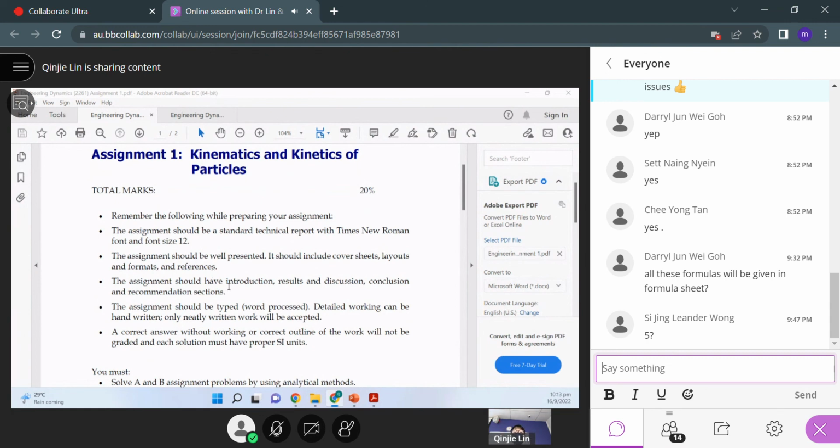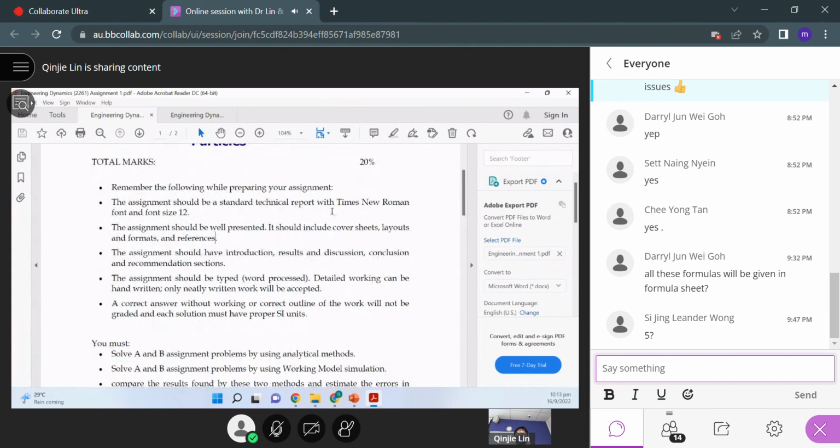You all need to cite. If you learn how to do something from online, just cite it also. It's a proper report, so it should have an introduction, results and discussion, conclusion, and recommendation section. All of these will be marked. It should be typed and submitted as a PDF.